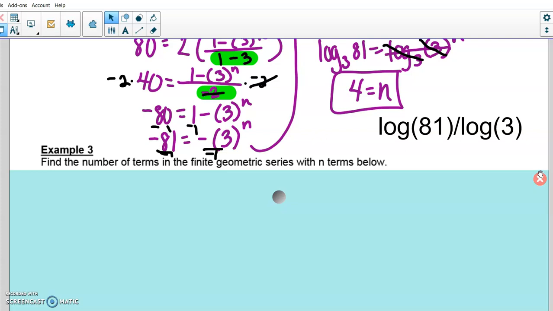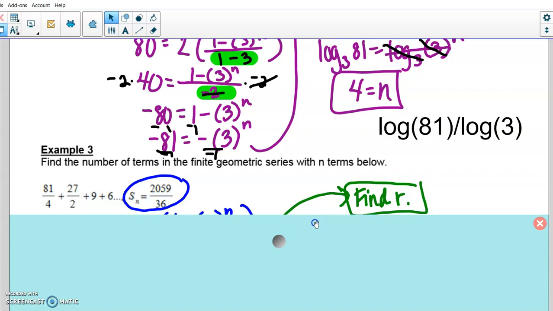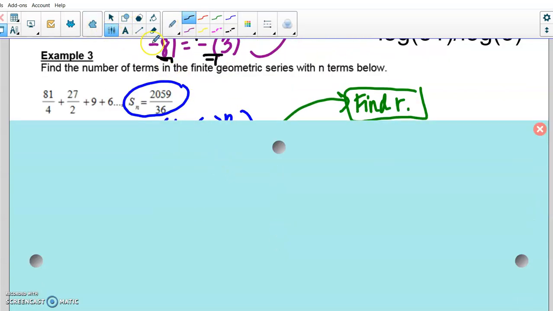All right, our last example says to find the number of terms in the finite geometric series with n terms below. So we're given it in a different way. I can see the sequence written out. So I can see that my first term is 81/4.